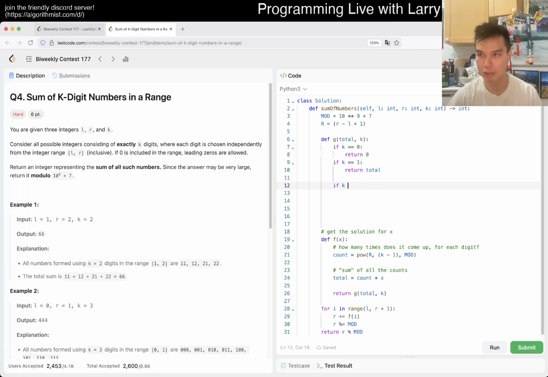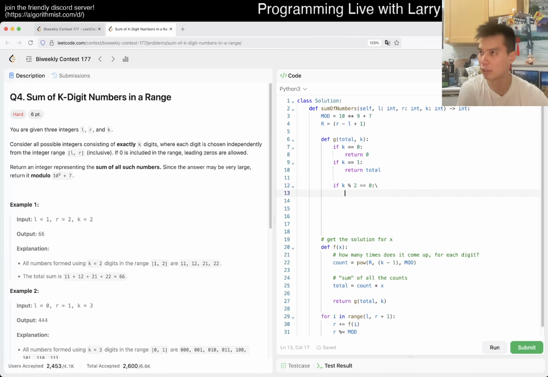if k mod 2, I always forget how to write this. I haven't written this in a long time quite this way. But okay, if it's equal to even, then that's easy-ish. So let's start with a smaller number. Let's say k is 2. If it's 2, then you want 1 on the left side and 0 on the other.